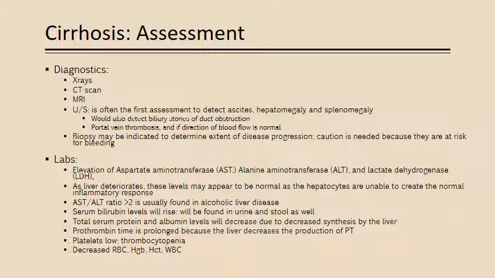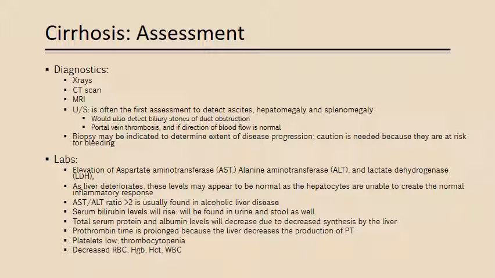The AST-ALT ratio is great if it's greater than 2. This is usually found in alcoholic liver disease. So look at those two levels and see if the ratio is greater than 2 to 1. Serum bilirubin levels will rise, and you'll see bilirubin in the urine and in the stool.